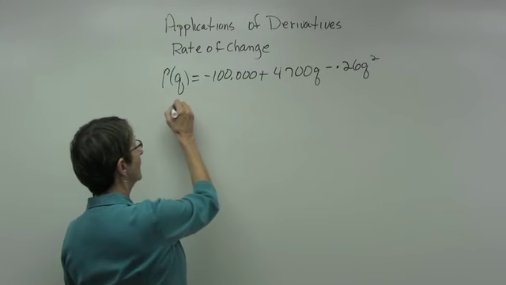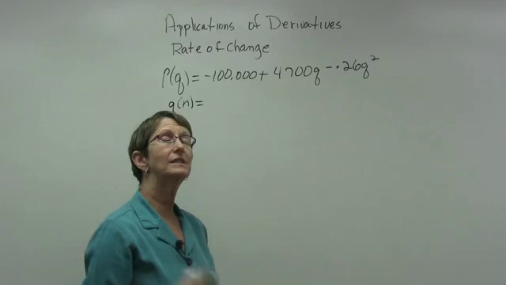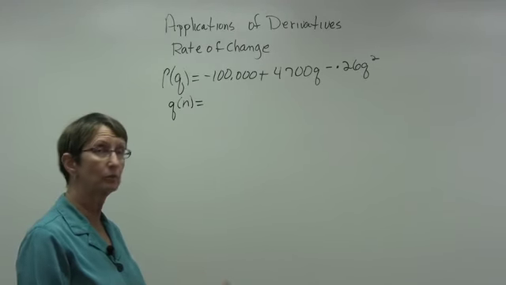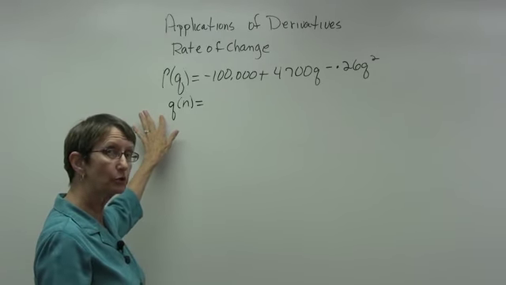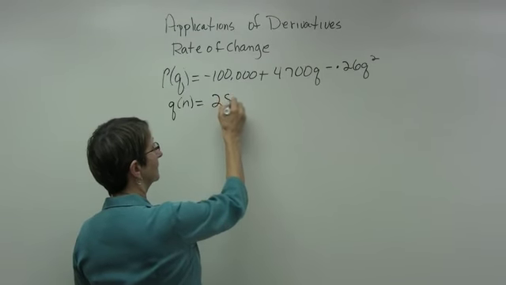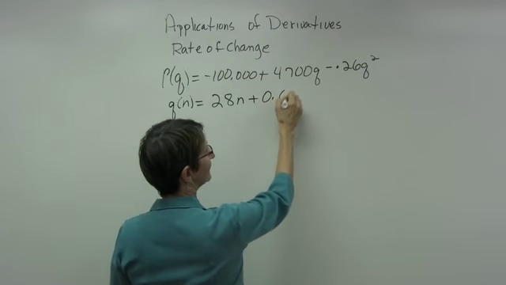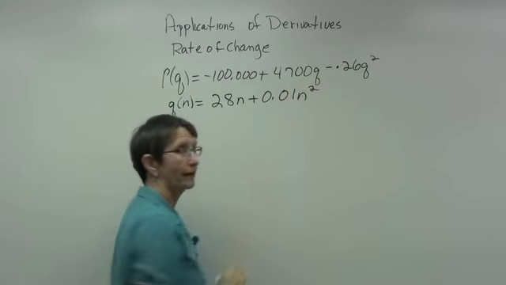However, the quantity of computers is in terms of N, which is the number of employees at the firm. So the quantity that is produced depends on the number of employees, according to the formula 28N plus 0.01 N squared.